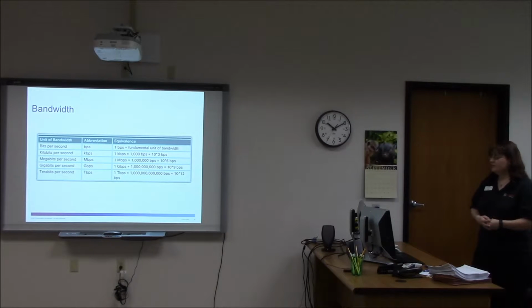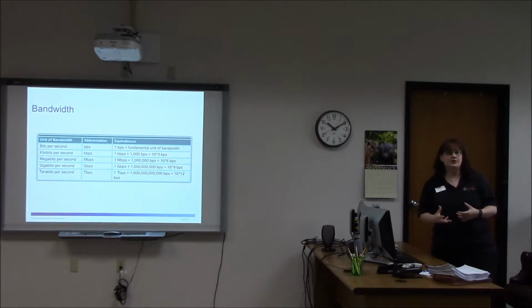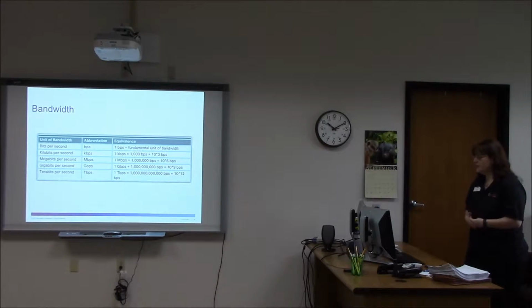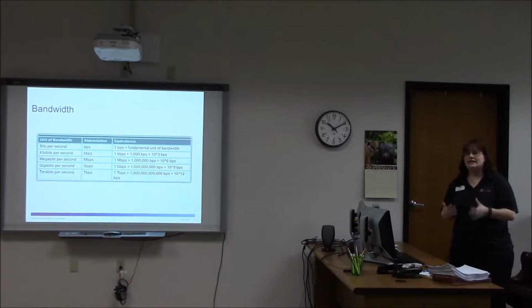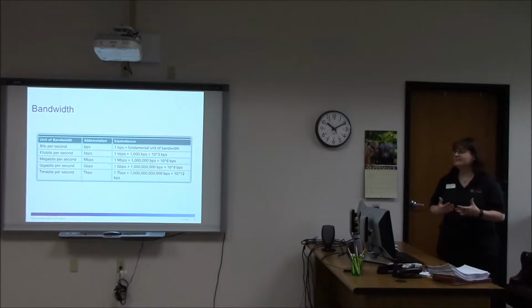Bandwidth is how we talk about data transfer. We generally use the terms bandwidth and throughput, and they mean a little bit different things. So bandwidth is the capacity of a medium to carry data. So how much data can flow from one point to the other point in a given amount of time, and we normally measure that in seconds. So bits per second, kilobits per second, megabits per second.